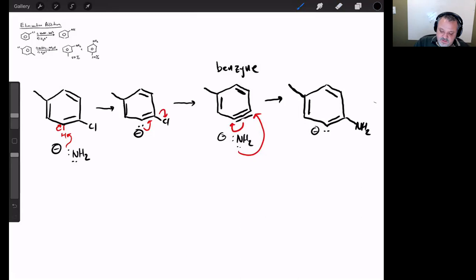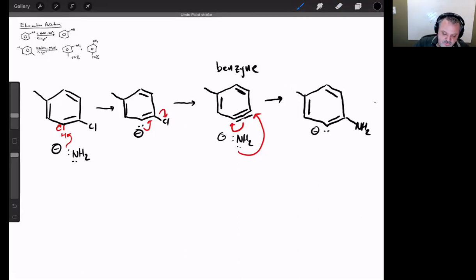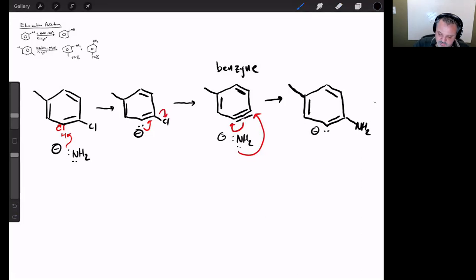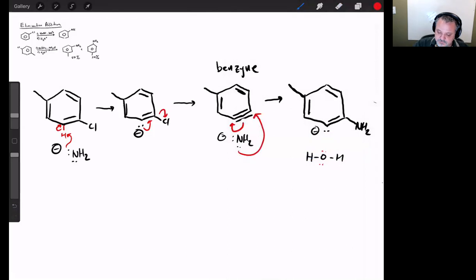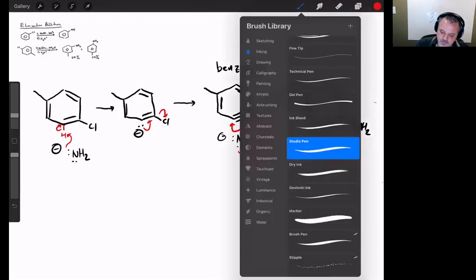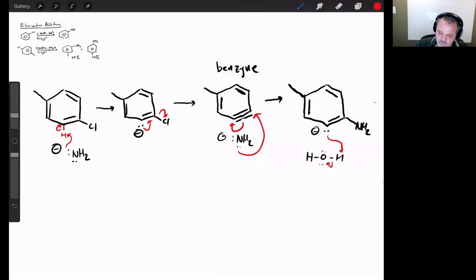Then it's some base that comes along, and in this case, I think we could say it's ammonia, or it's an acid that comes along, is how it's functioning, to form the product.